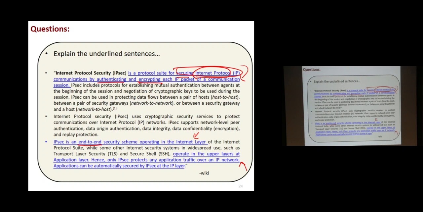So every intermediate node will get nothing. Like WhatsApp is end-to-end. When you use WhatsApp, the message leaving the sender is encrypted using a key only known by the two ends, and it will be decrypted at the receiver end.